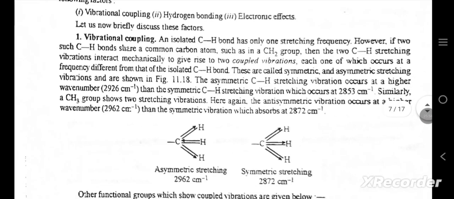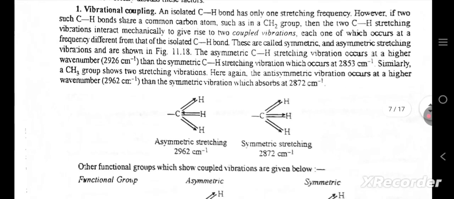Vibrational coupling. An isolated CH bond has only one stretching frequency. However, if two such CH bonds share a common carbon atom, such as in a CH2 group, then the two CH stretching vibrations interact mechanically to give rise to two coupled vibrations, each one of which occurs at a frequency different from that of the isolated CH bond.